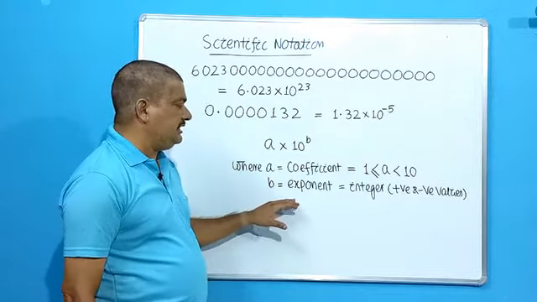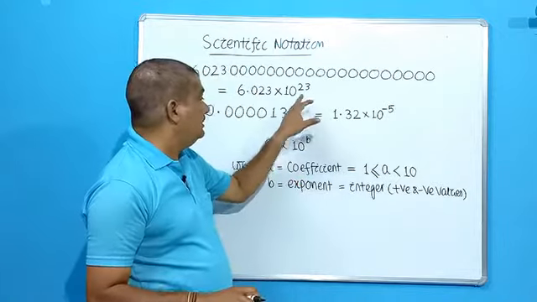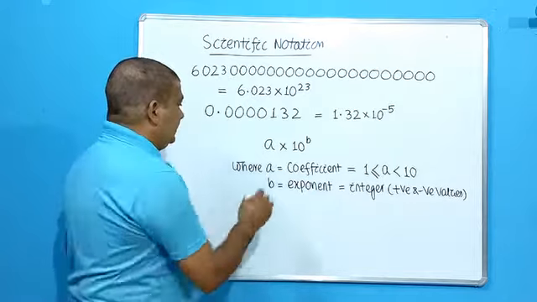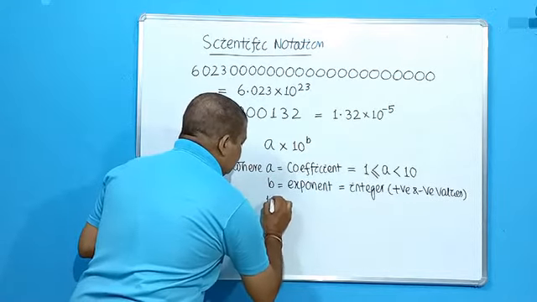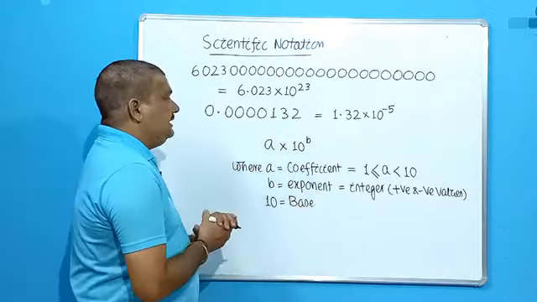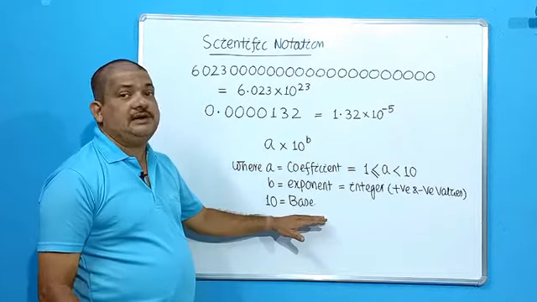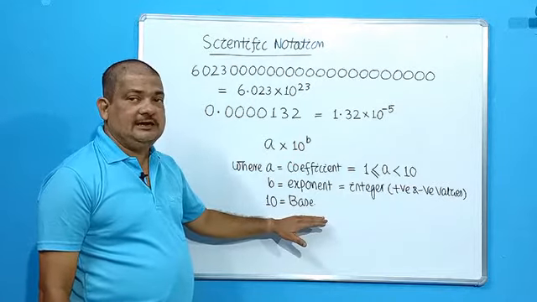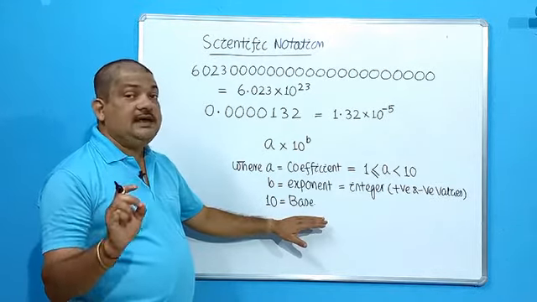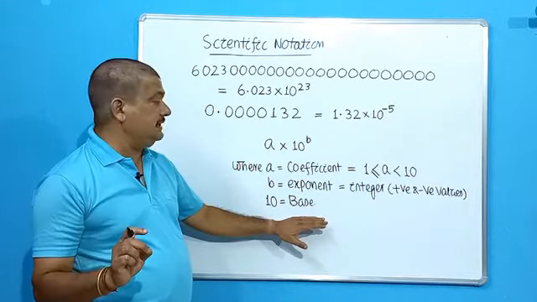Look, positive value here, negative value here. Okay. Then 10 is obviously the base. So scientific notation is a method to express all numbers with respect to base 10. We can define scientific notation in such a way that it will always be expressed with respect to base 10.